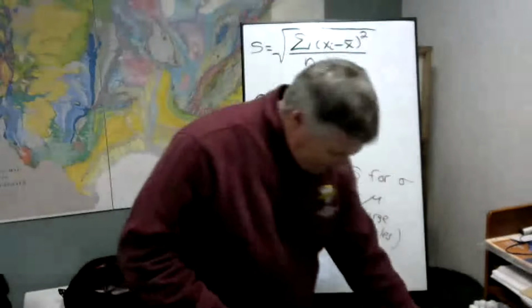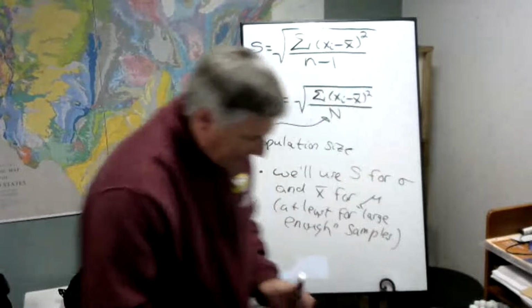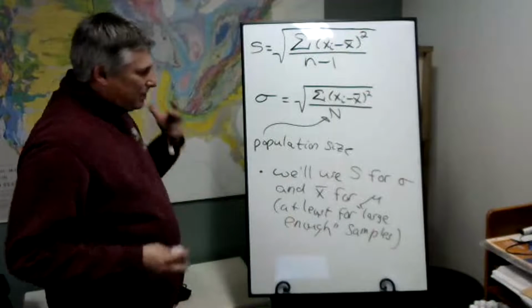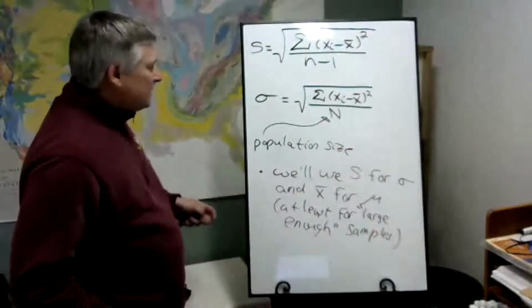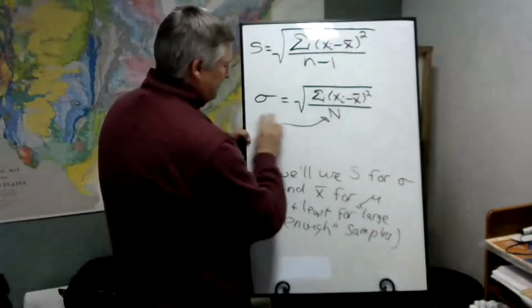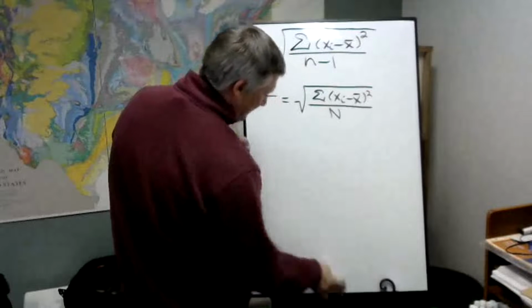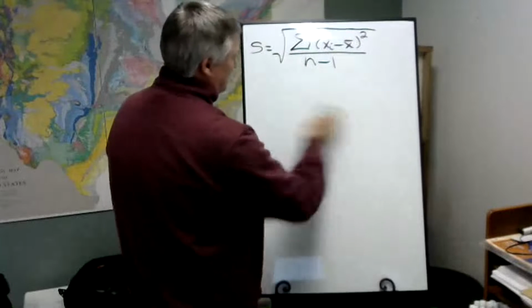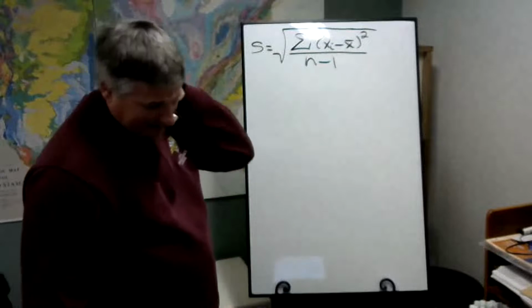Now, since we are going to use S anyway, the book does point out an alternative way of calculating S. Is this a good way to do things? Well, let's see.